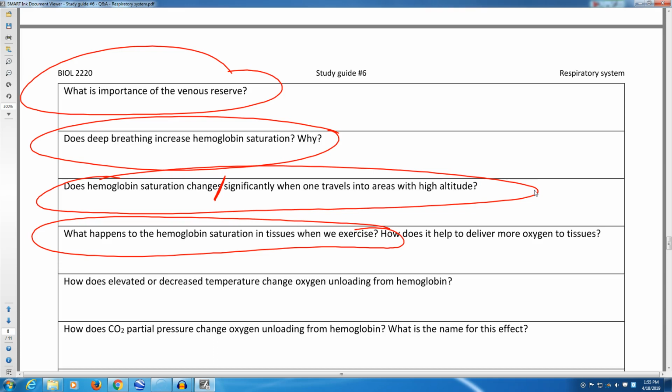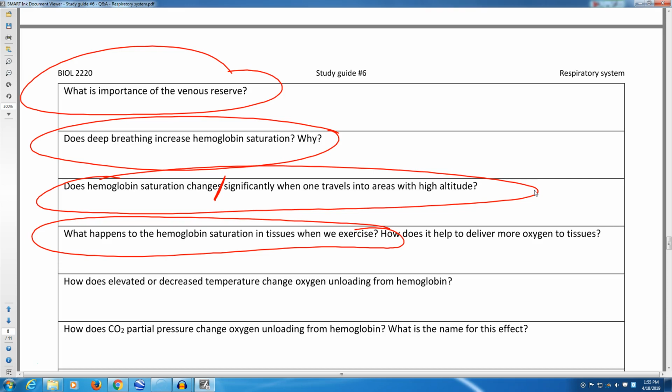Saturation decreases in the tissues, and that means what increases? Unloading. Does that make sense? Since oxygen concentration in the tissues goes down, hemoglobin saturation will decrease, and it means it's just going to unload more.